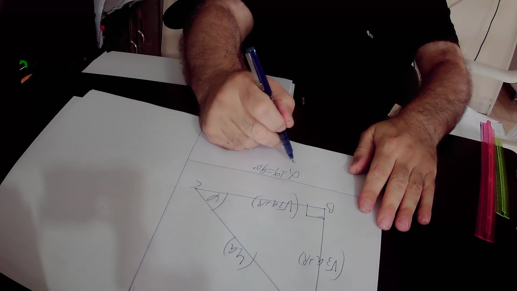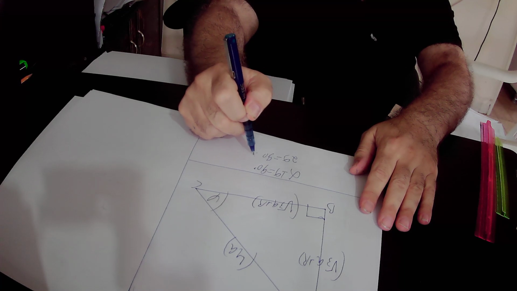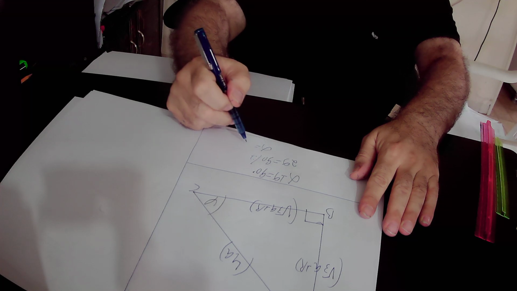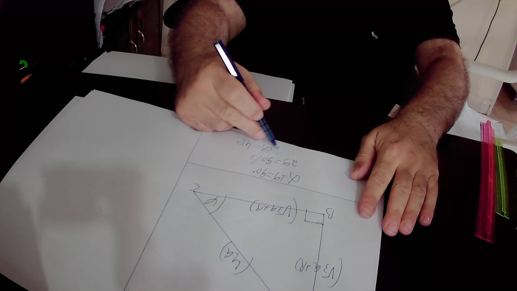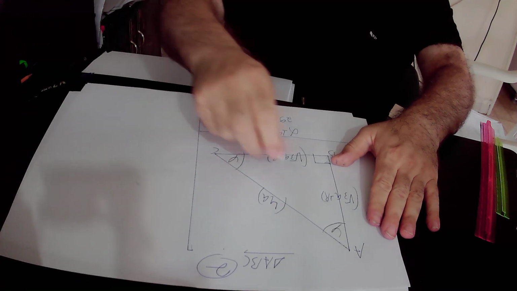Alpha plus alpha is 2 alpha, that is equal to 90 degrees. Here we divide this equation by 2, and we get that alpha equals 90 degrees over 2, which is 45 degrees. So we found out that angle alpha equals 45 degrees.